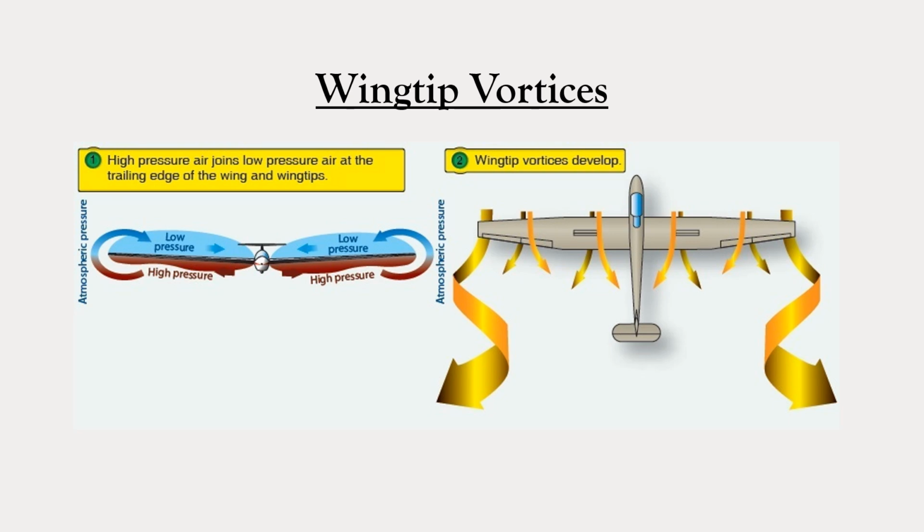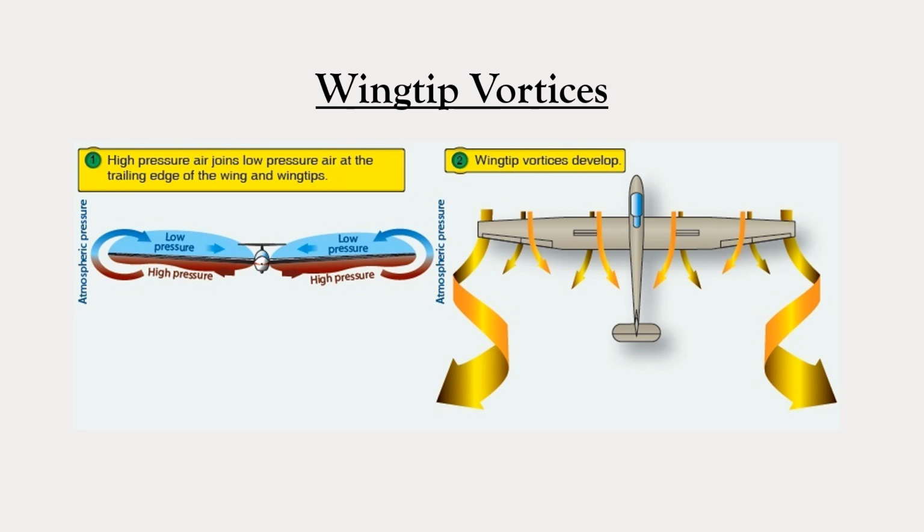So induced drag is one byproduct of generating lift. Another byproduct is something called a wingtip vortex. When you think about the Bernoulli explanation of lift, you know there's high pressure air at the bottom of the wing and low pressure air at the top of the wing.